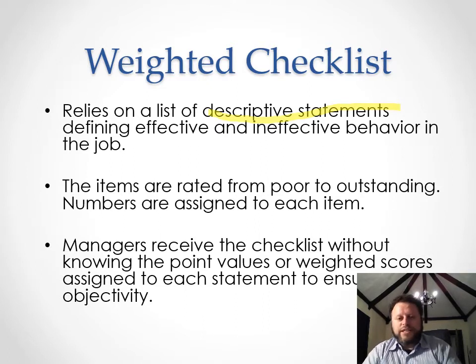Let's say we're talking about teachers. And we would have a list of statements like, teacher always comes to class on time. And then we would have maybe 1 is never, 3 is sometimes, 5 is always. And the manager, so in my case, Eling, my manager, would say, well, David, yeah, he almost always comes to class on time.